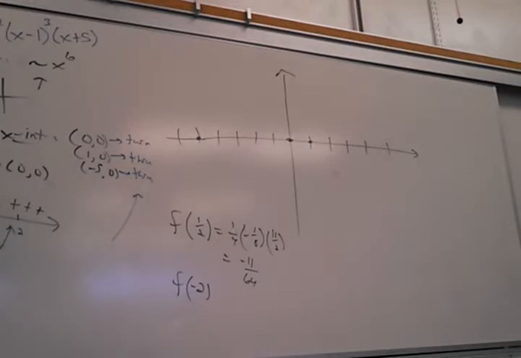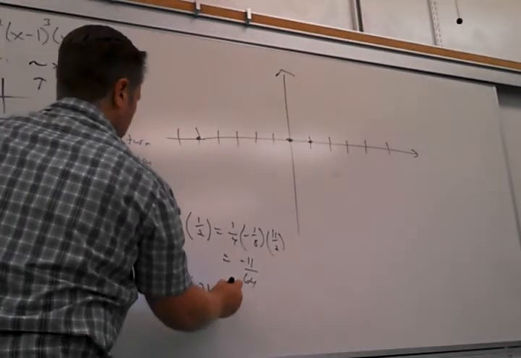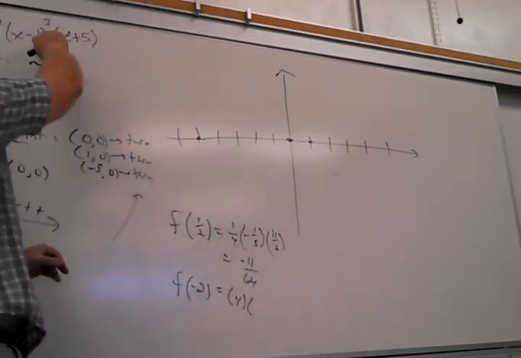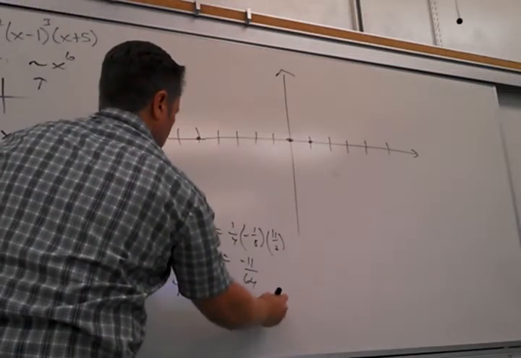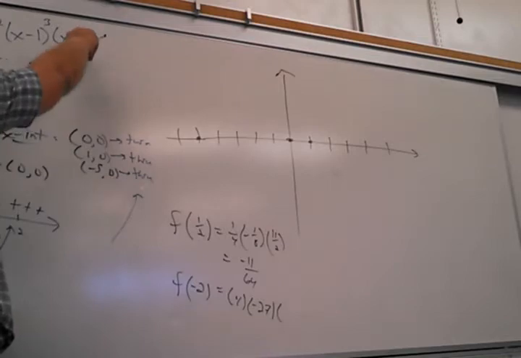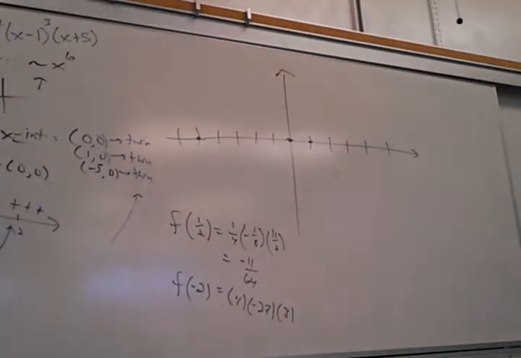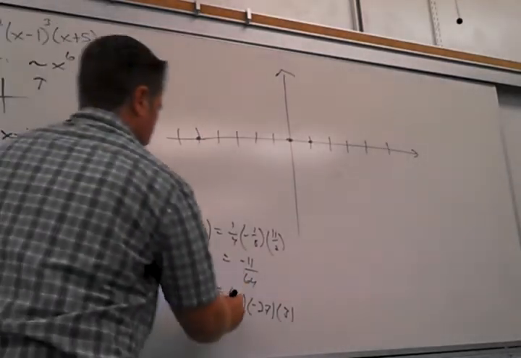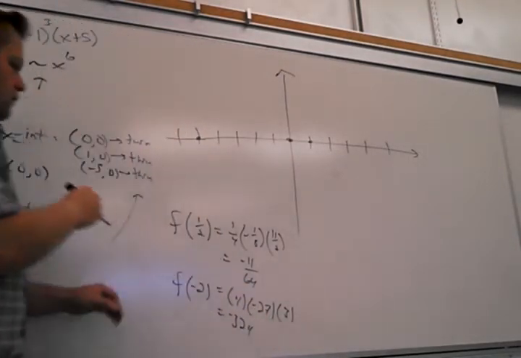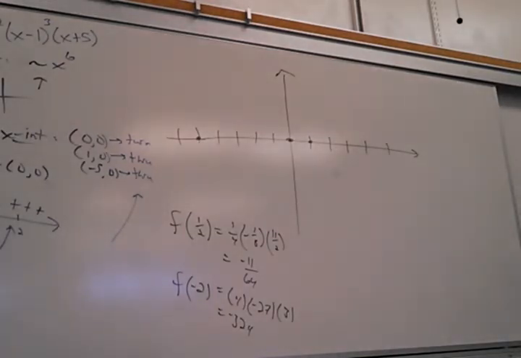So when I plug in negative 2, I get 4 times negative 27 times 3. So I get negative 324. See what I'm talking about? So this thing comes in and goes, wow.